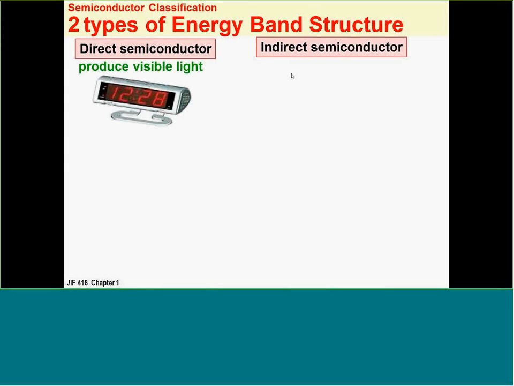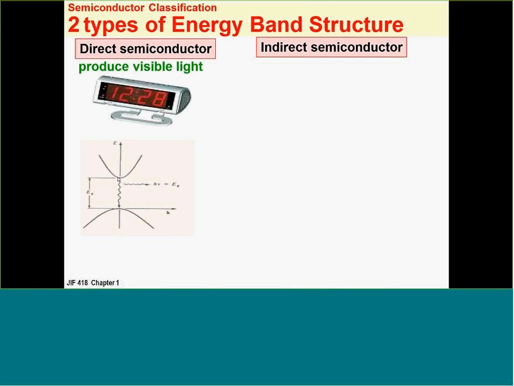Direct semiconductor produces visible light, like your LEDs, and indirect doesn't produce visible light, because direct semiconductor is able to produce visible light because the bottom part of the conduction band lies in the same vertical position as the top of the valence band.